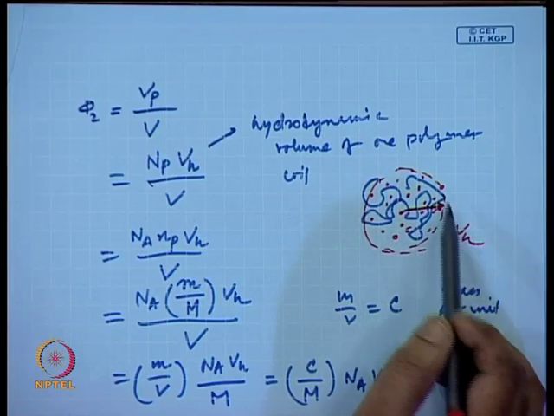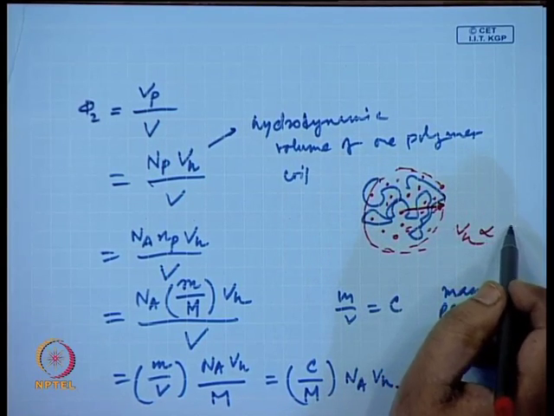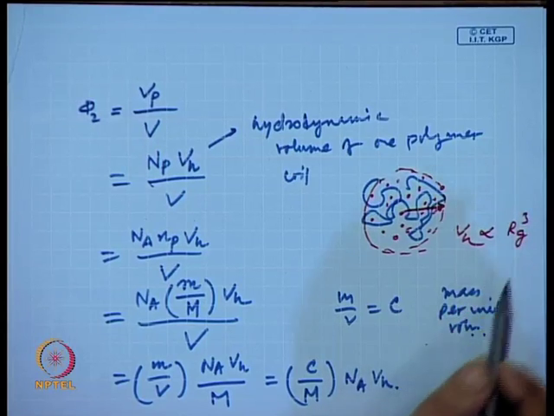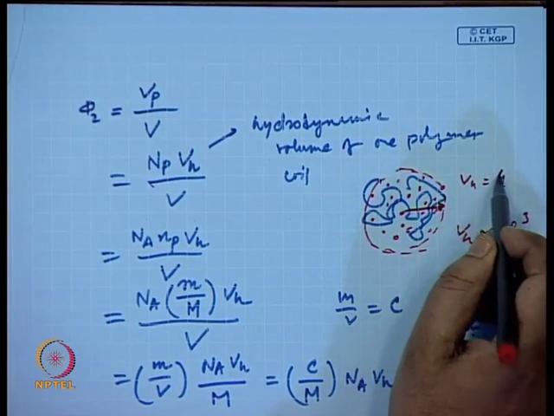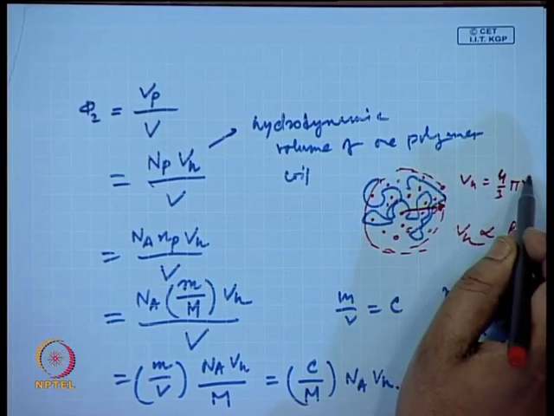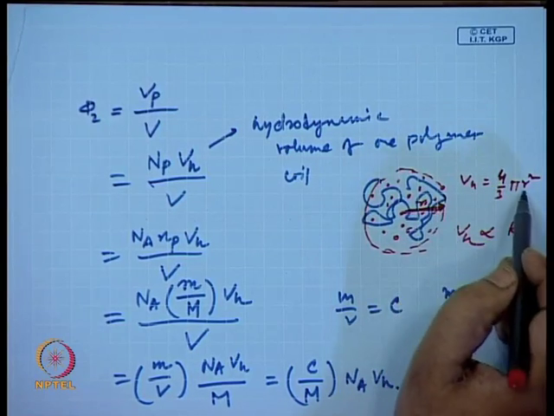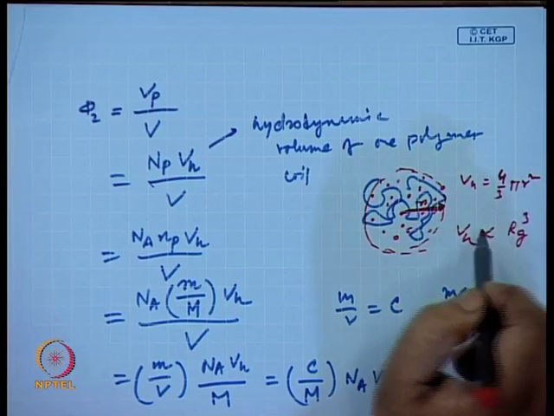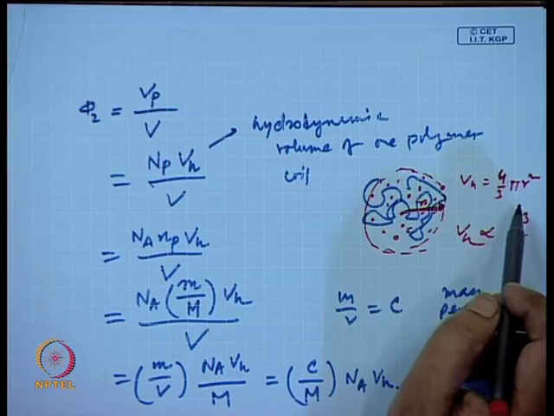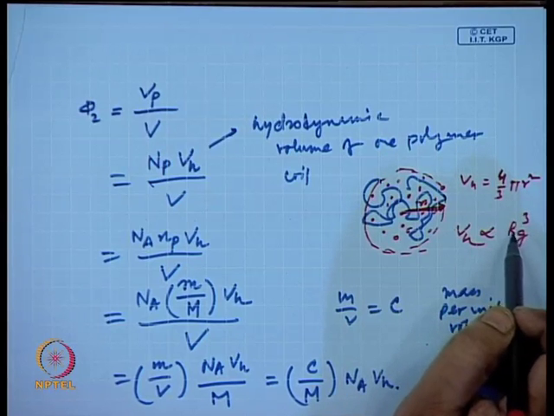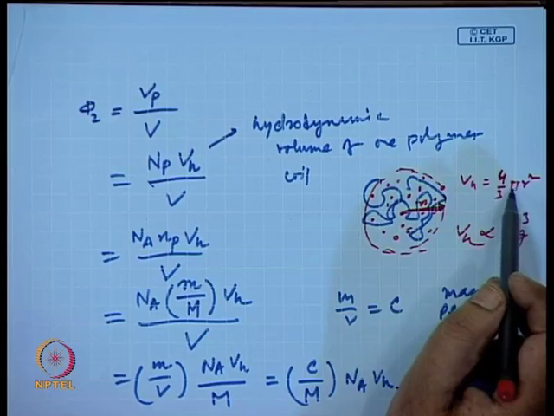So, the volume V_H would be proportional to R cube, volume given by 4/3 pi R cube, R is this R. Now, this R we said is proportional to the radius of gyration. If you recollect our discussion in the definition of radius of gyration, these are very close.